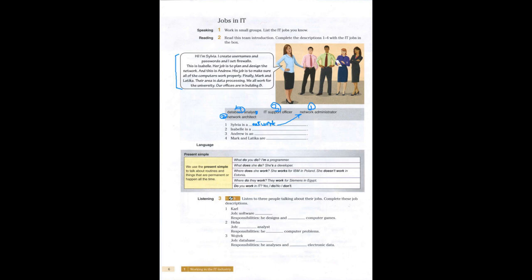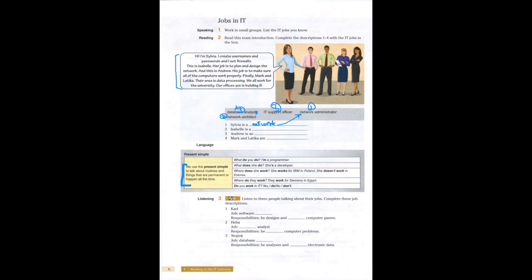And I was explaining this rule. So here we have some examples. This is an explanation of when to use the present simple. And here we have some examples. What do you do? So notice that he has used present simple to ask about job.